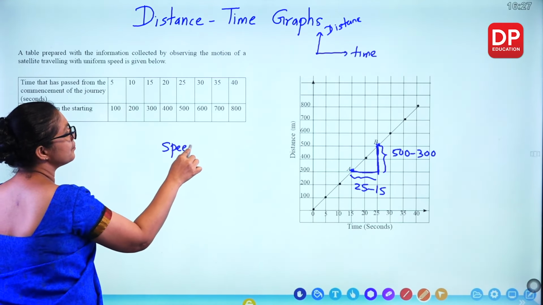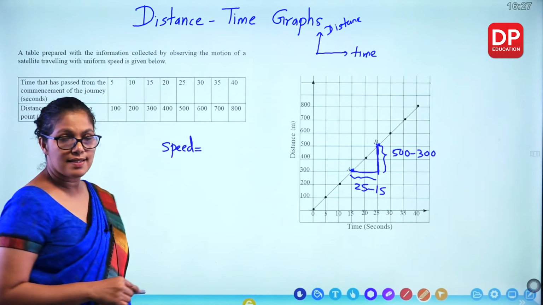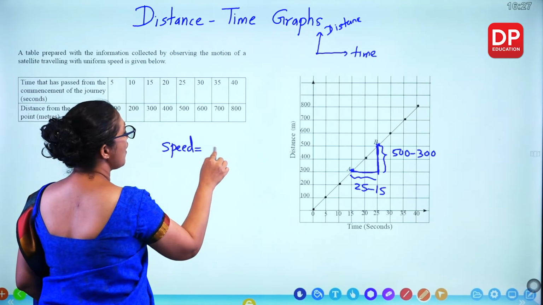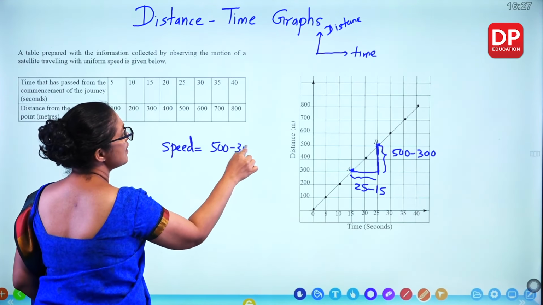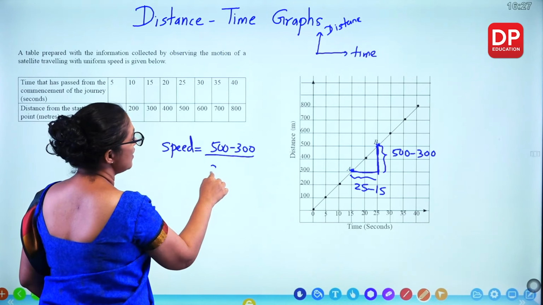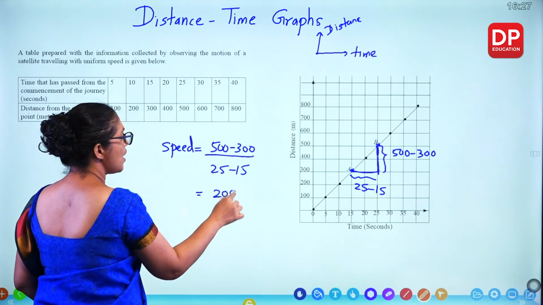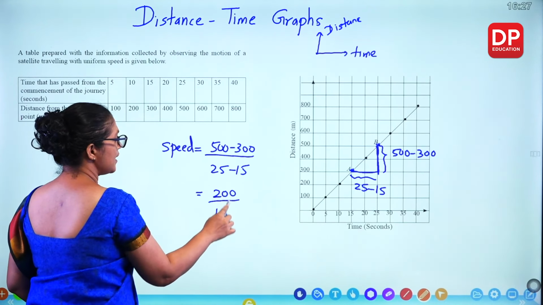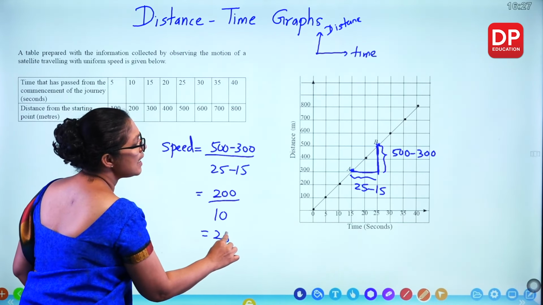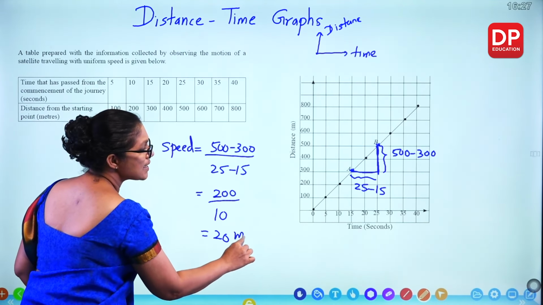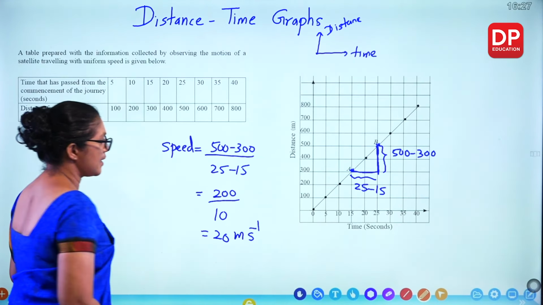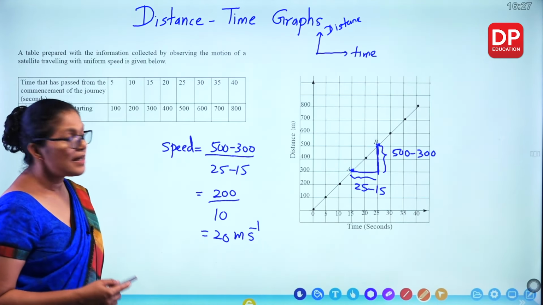Speed is distance over time. So 500 minus 300 divided by 25 minus 15. So what's the answer? 200 over 10. You get 20 meters per second.